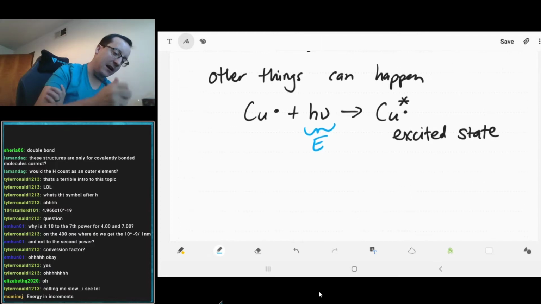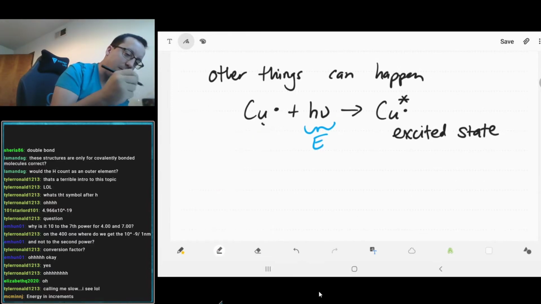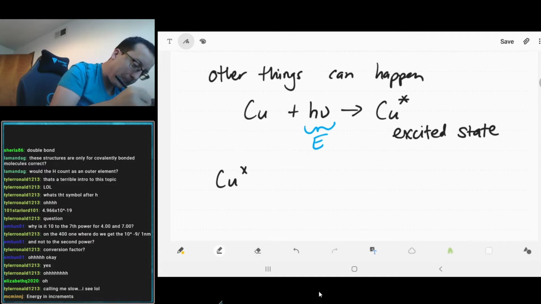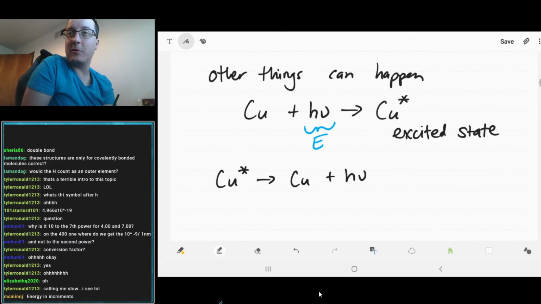It turns out that later, it might spend some time in this excited state. I don't know why I drew the electron, but we'll just make it clearer. This light can be emitted again. So remember, with the photoelectric effect, you bonk your copper with light, and poof, an electron comes out.